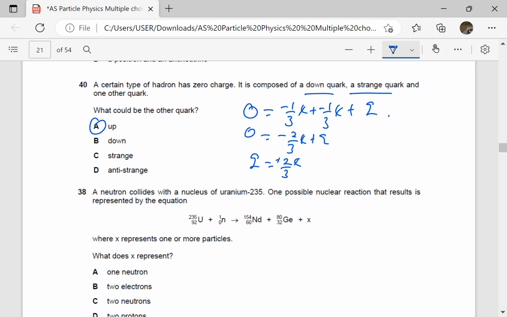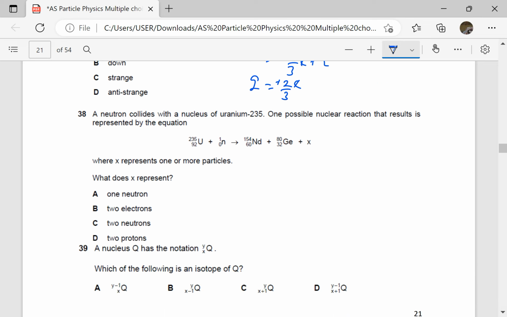A neutron collides with a nucleus of uranium-235. One possible nuclear reaction that results is represented by that equation, where X represents one or more particles. What does X represent? Let's try to balance the equation. Here proton number is 92, and here it is also 92. So proton number for X is going to be 0.